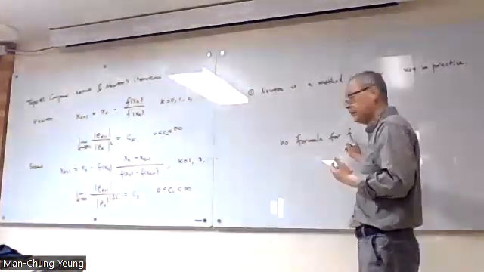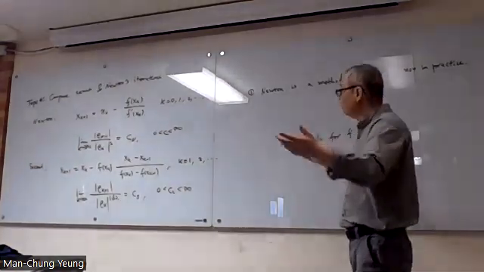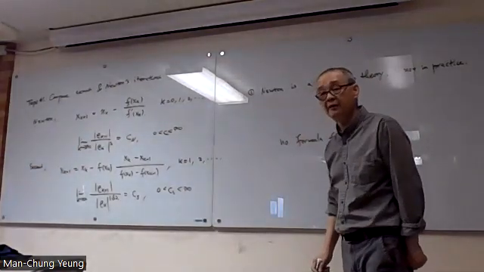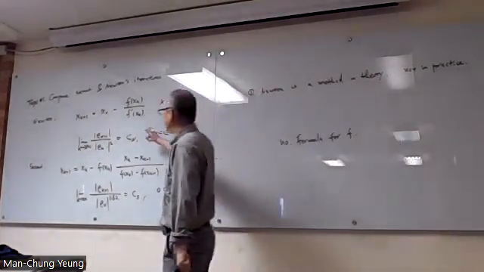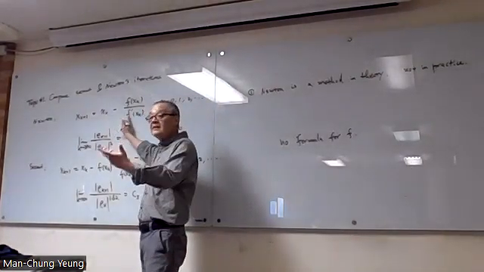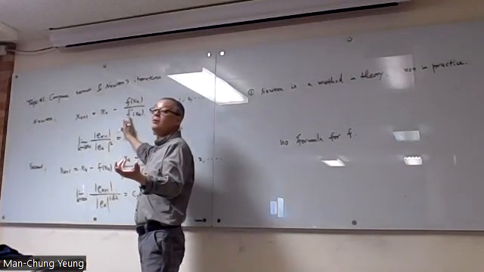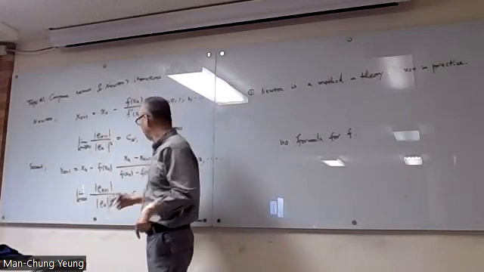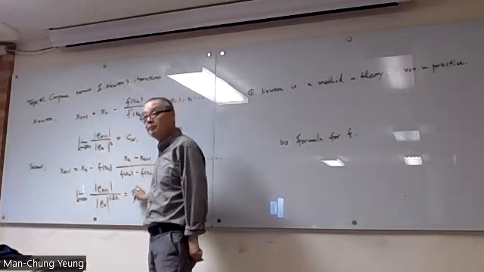We don't have a formula for f, so not the derivative of f. How would we know the derivative of f? No way. So this is a theoretical method, not a practical method. First, this is the practical point.